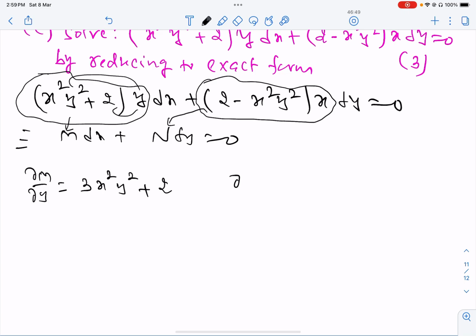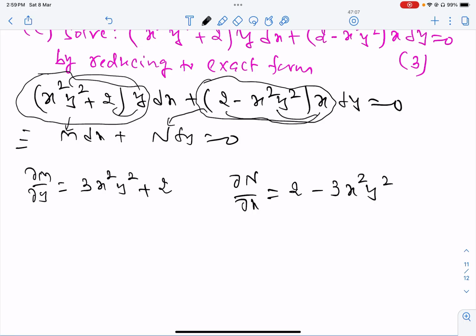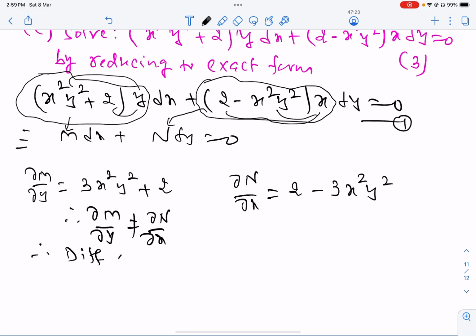In the same way, del n by del x: x is multiplied here, so 2x, derivative is 2; x is multiplied here, so minus x cube, it will be minus 3 x square y square. We can see that these are not equal. So therefore del m by del y is not equal to del n by del x, and therefore the differential equation is not exact.